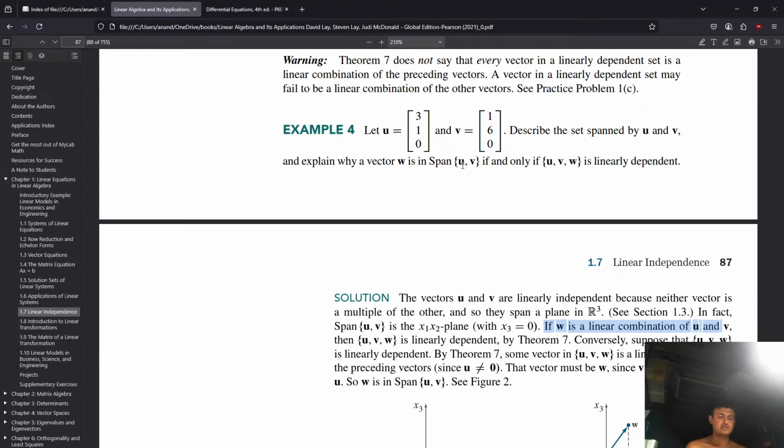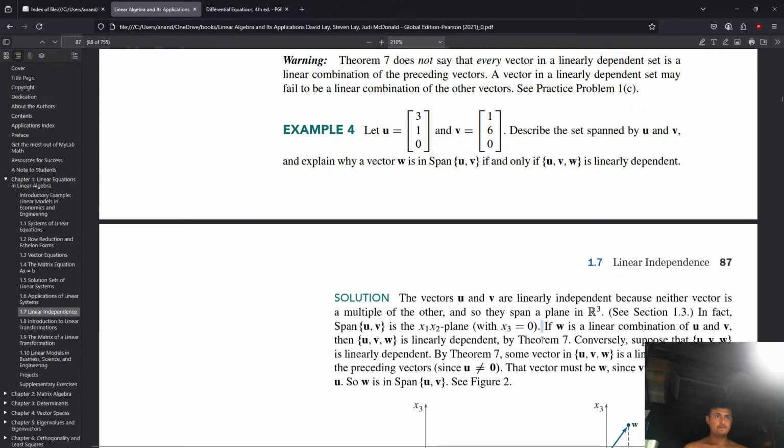If W is in the span of U and V, which is a plane in R3, then there exist x1, x2 such that x1u plus x2v is equal to W. Okay, just to unravel a definition.